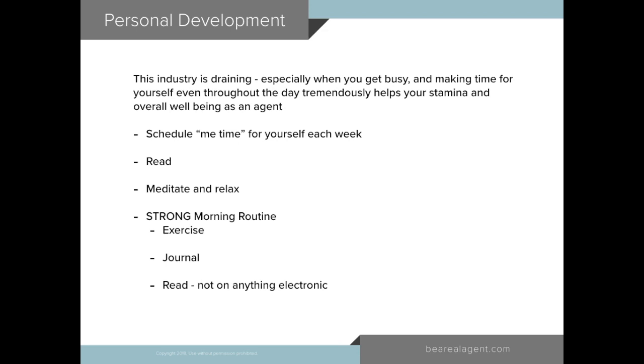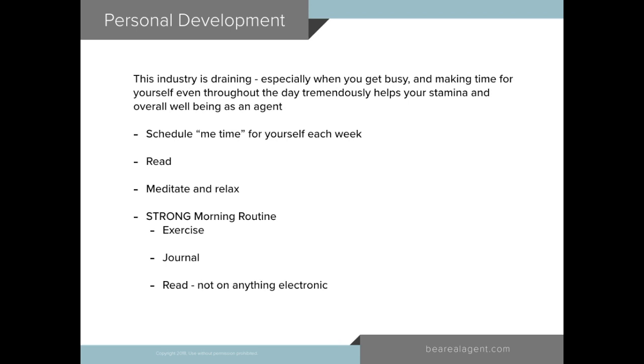And then let's talk about the other part of that title, which was personal development. This industry is draining, and as a new agent, you might not know that yet, but when you get busy and you're really in the thick of it, making time for yourself, even throughout the day, will tremendously help you keep up your stamina and overall well-being as an agent, because it can so easily be dragged down.